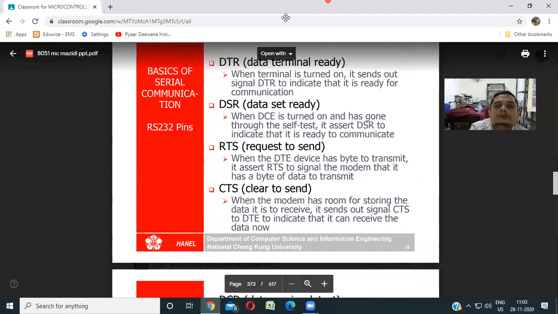We discussed today serial communication and the different types of serial communication, the different data transfer modes, how to transfer the data, what is simplex, half duplex, full duplex, asynchronous data transfer, synchronous data transfer, then baud rate and what is BPS.